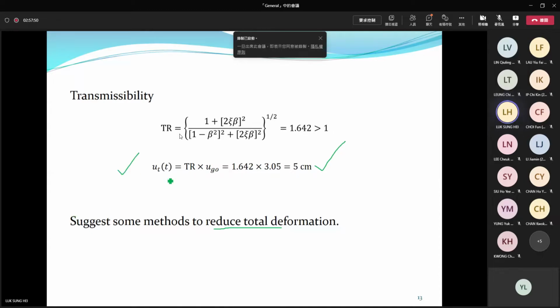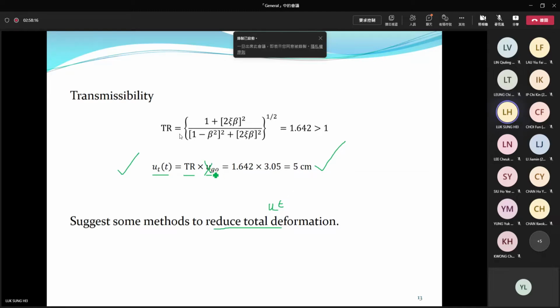How to calculate the total deformation, UT? You use a simple multiplication, TR times the ground displacement amplitude. To reduce UT, it seems that you can reduce TR or reduce UG0. But again, you cannot reduce UG0 because this is out of your control, unless you change the bridge.